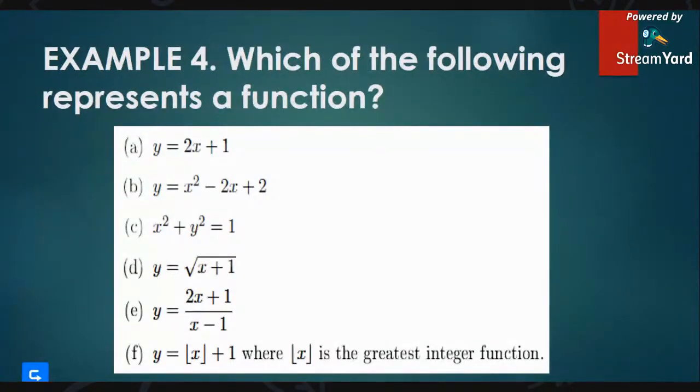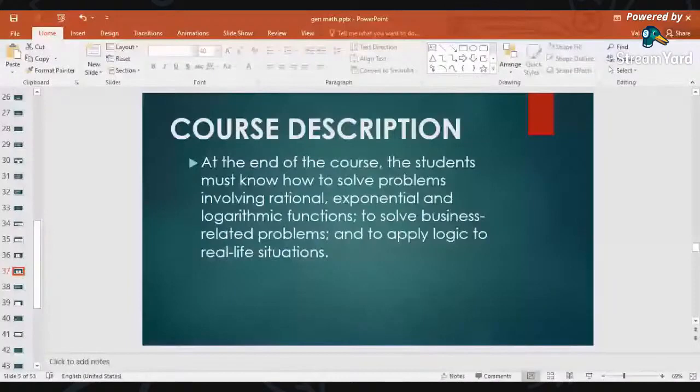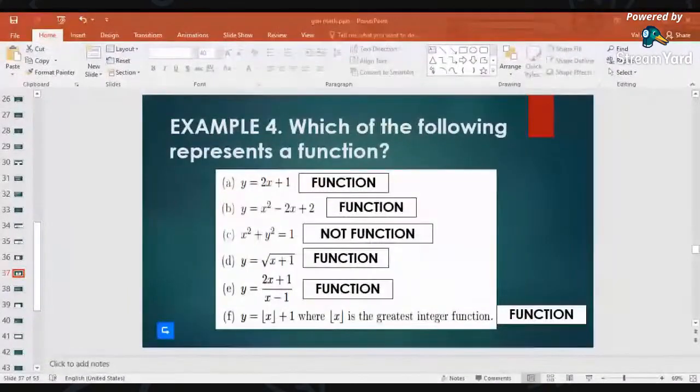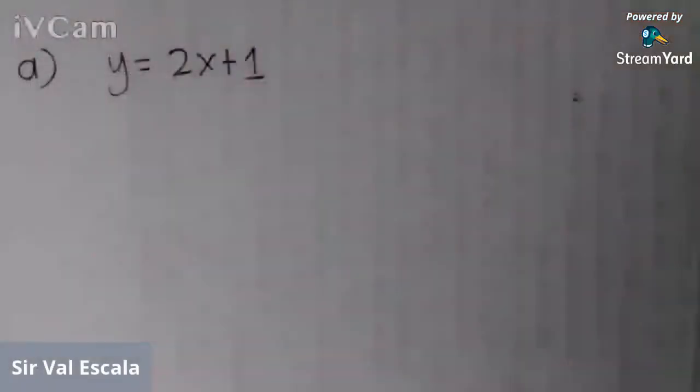So, paano natin malalaman kung ang mga set natin na example dito is a function? So, titingnan natin mabuti kung ano bang type of function yung example natin ngayon. So, letter A. Okay. Punta tayo dito sa camera ko, para malaman natin kung ano nga ba yung mga yan. So, examine natin mabuti.